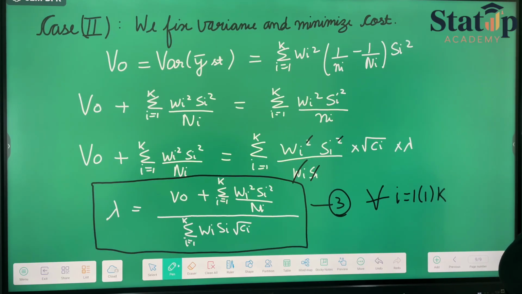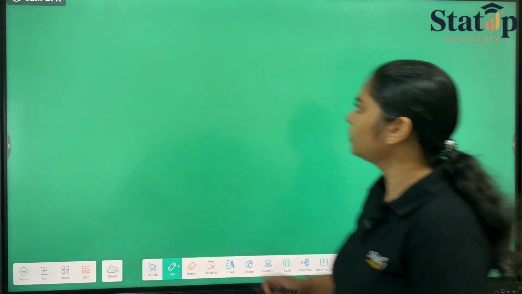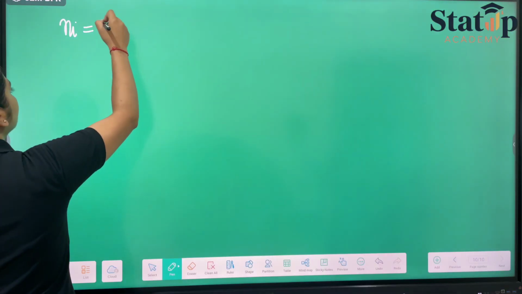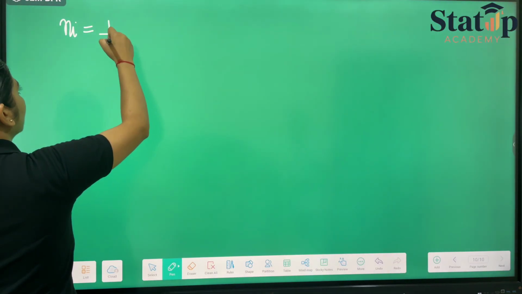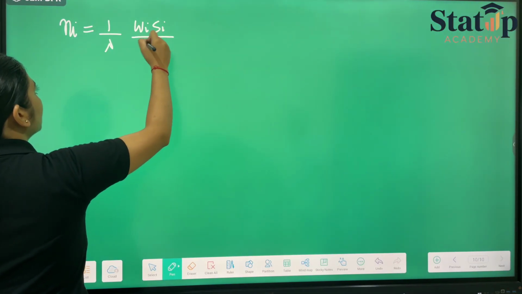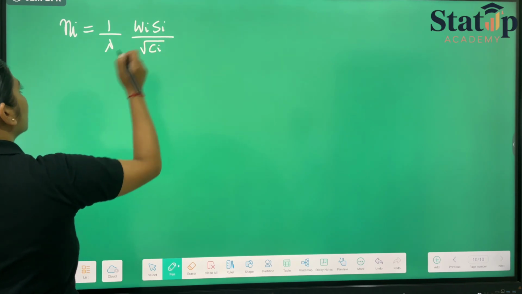Then again we will substitute equation number 3 in equation number 1. So our equation number 1 was Ni is equals to 1 upon lambda Wi Si upon under root Ci.